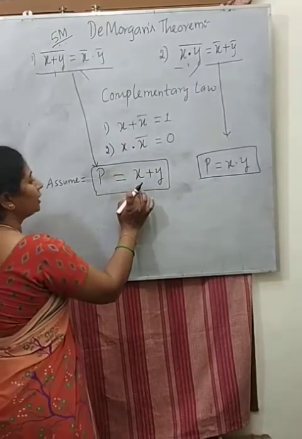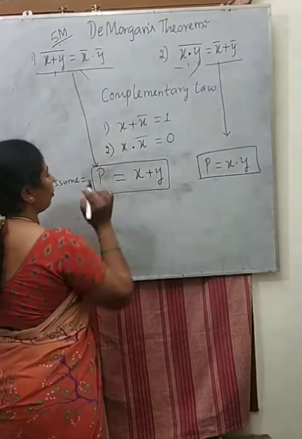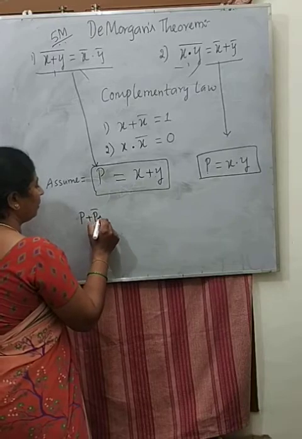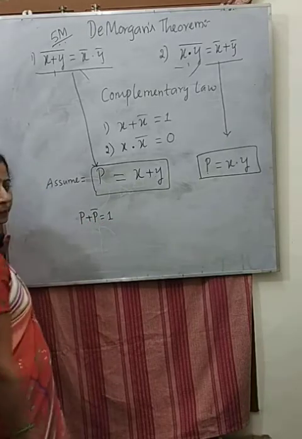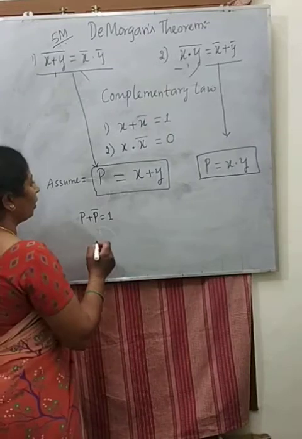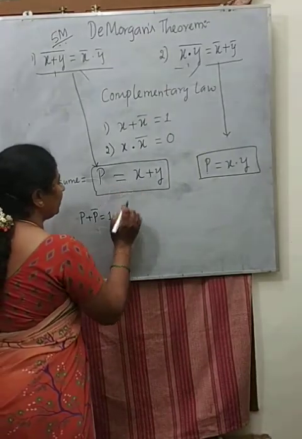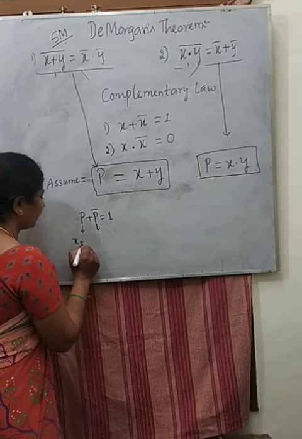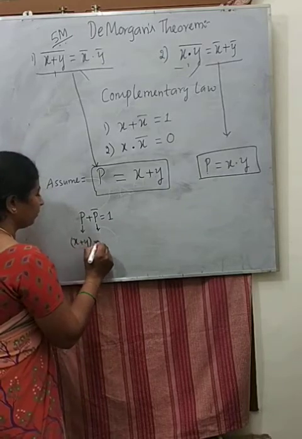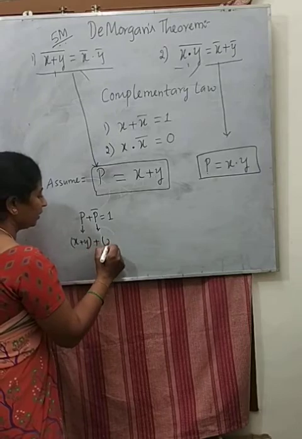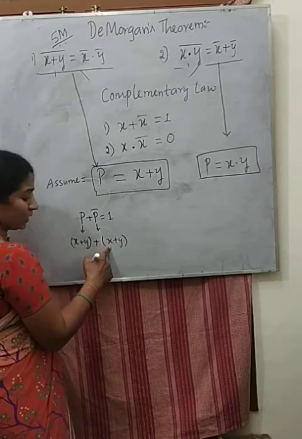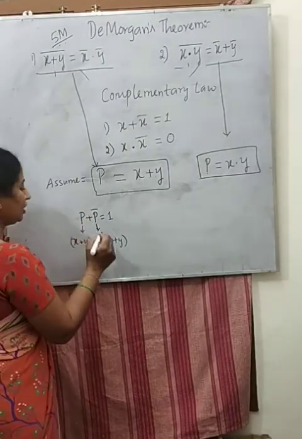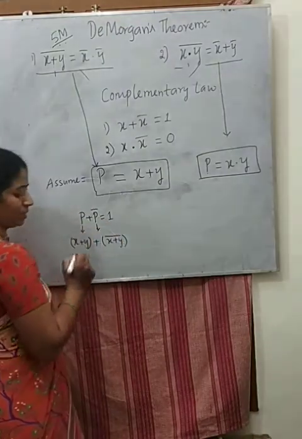We need to write this according to the complementary law. p plus p complement is equal to 1. So in place of p, what can I write? x plus y, with the plus as it is, and the complement for p.